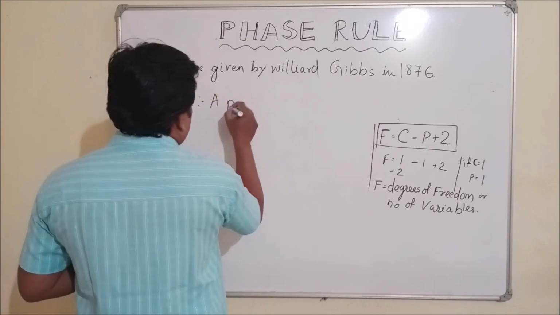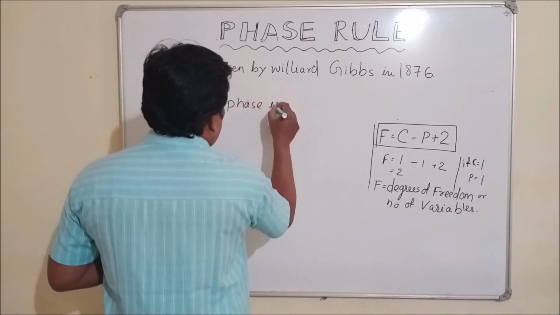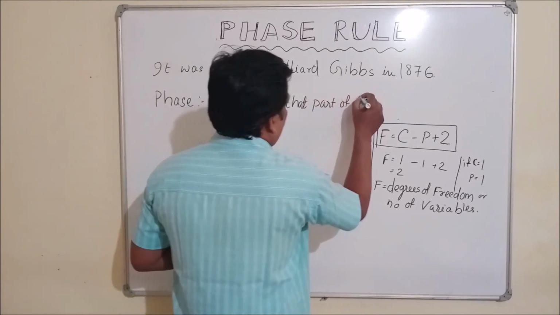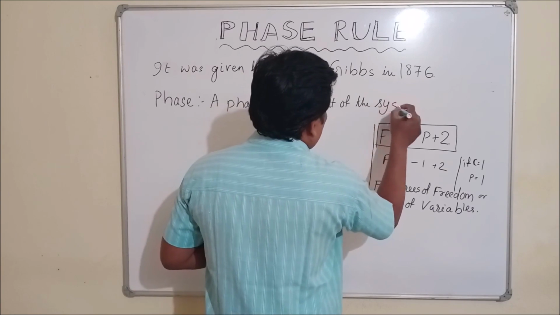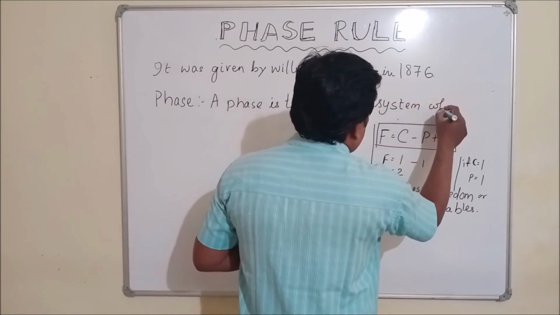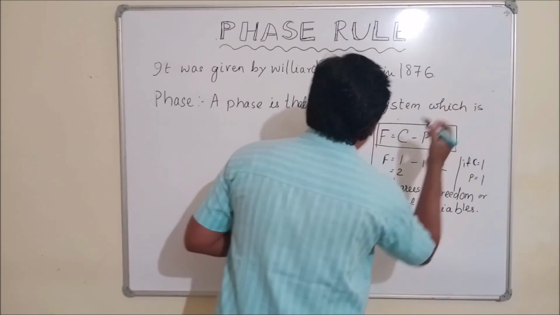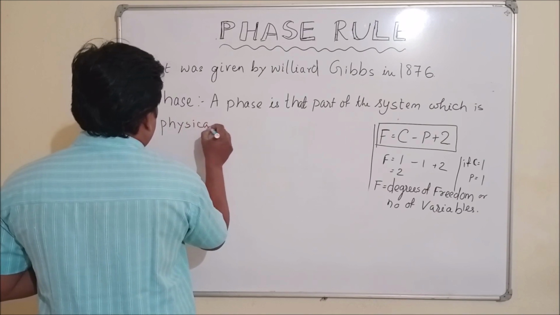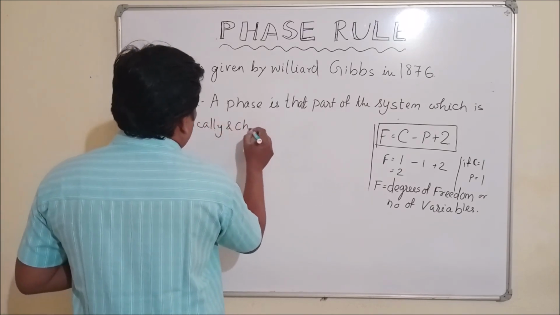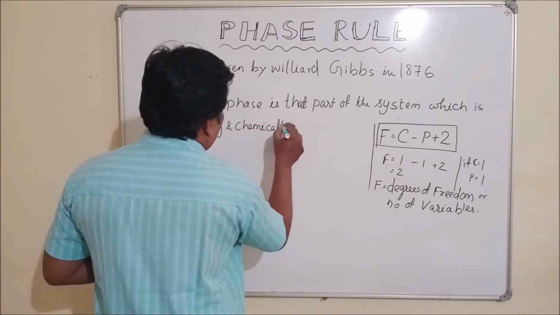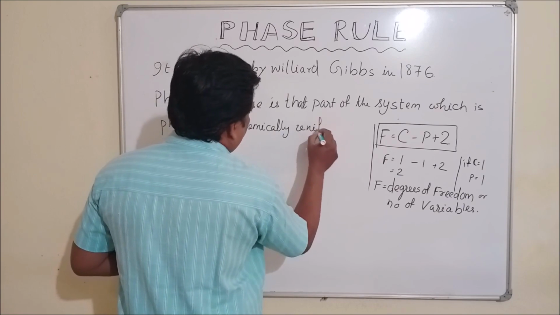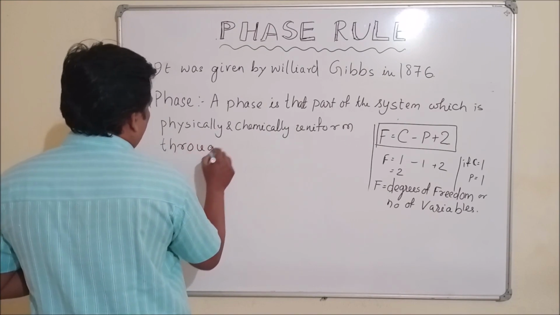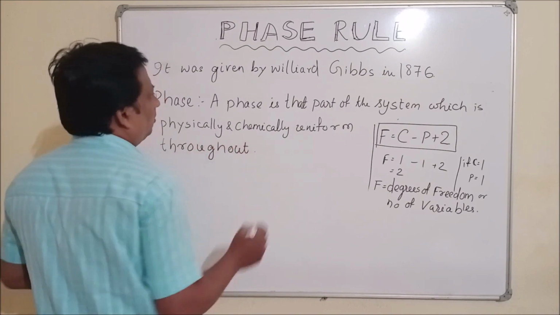A phase is that part of the system which is physically and chemically uniform throughout.